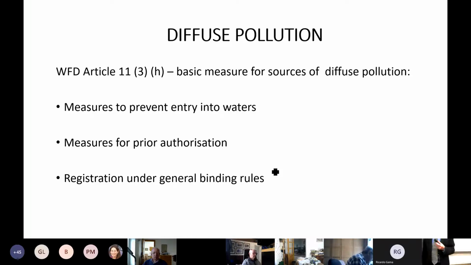It is regulated under the Water Framework Directive, Article 11: there must be measures to prevent entry into waters, measures of prior authorization, and possibly registration under general binding rules, none of which will apply to our car in the rain, or at least it certainly doesn't at the moment.